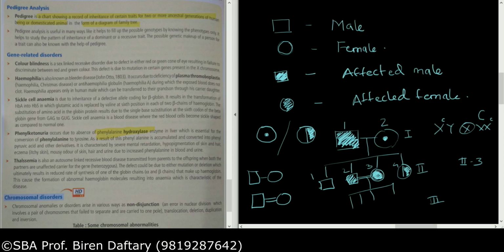So today, after going through this video lecture, you will be solving all the MCQs in your MTG. We have completed this chapter, Principles of Inheritance and Variation, and whatever doubts you have, keep them ready. Thursday I am going to take a live lecture and you are going to tell me the doubts. I will have my MTG with me, so I will solve all the doubts.